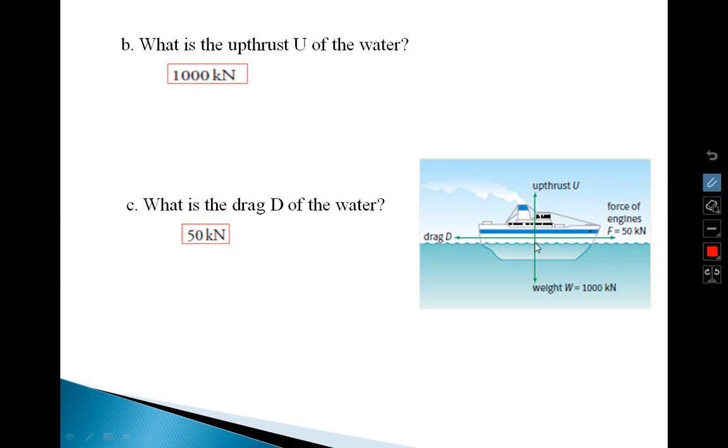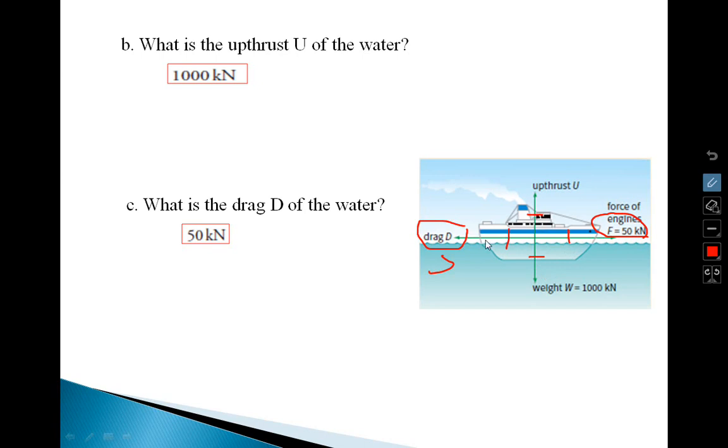The resultant force is equal to 0. Since this one is 50 kilonewton, this one is also 50 kilonewton. So this force cancels this force, and this force cancels this force.